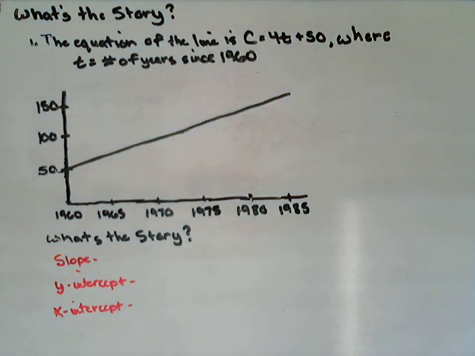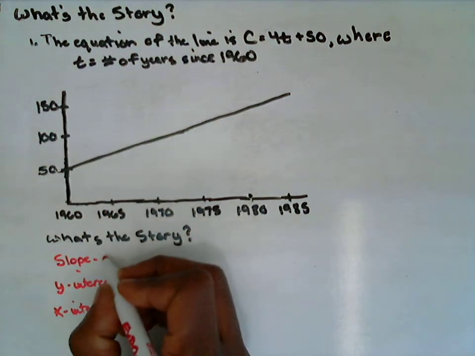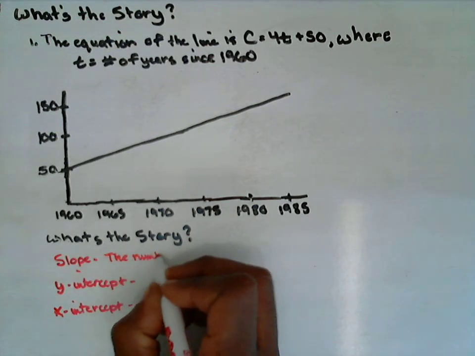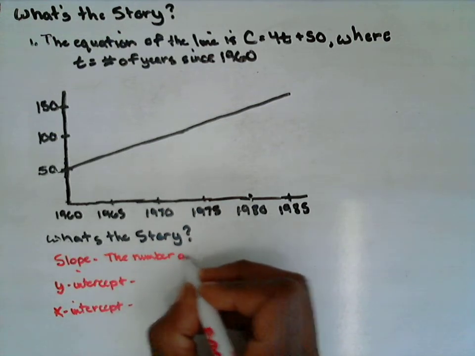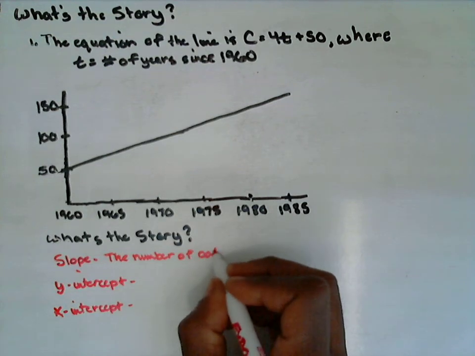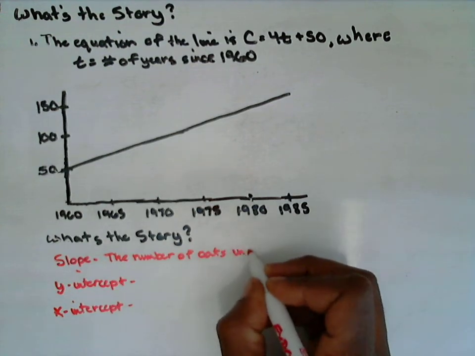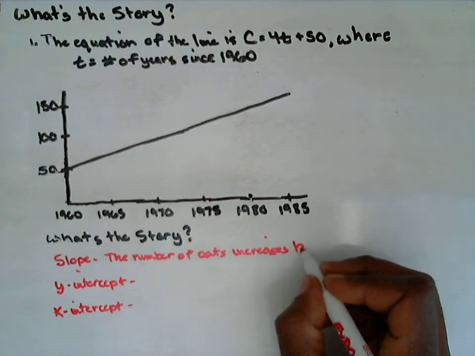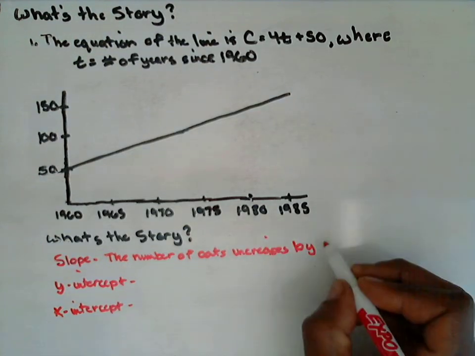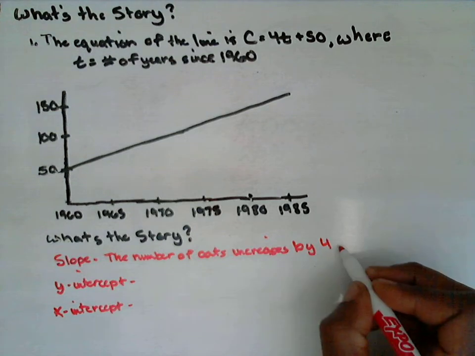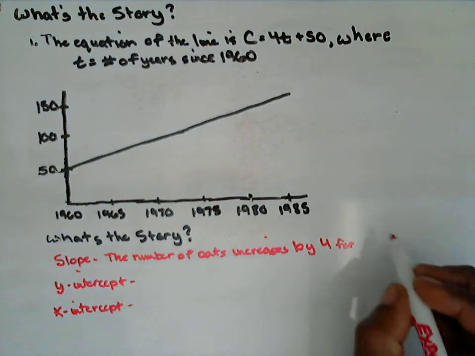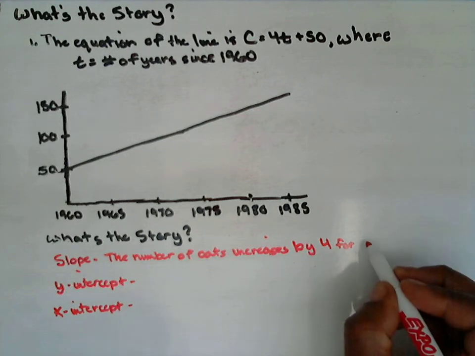So what that would mean is that the number of cats increases by 4 for every 1 year increase.